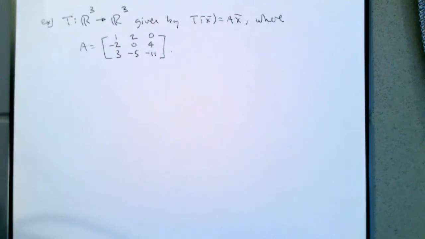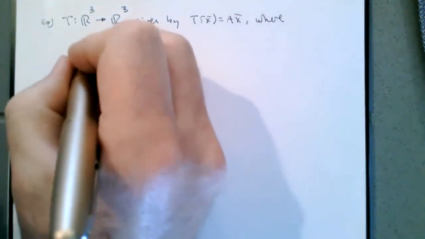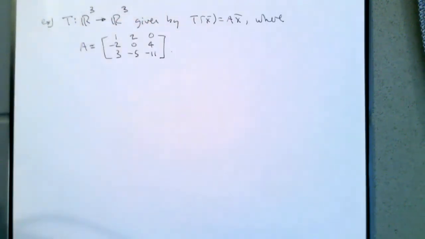First thing we want to notice is that we are looking at a matrix. When we're looking at a matrix, we should start thinking immediately, what's the reduced echelon form of the matrix?